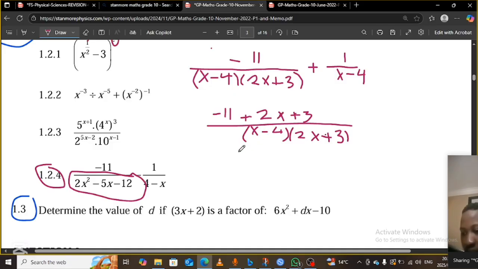What I did, I multiplied it instead of adding it. Yeah, you multiplied. Remember, it's a plus. You were misled by this plus here. So this was supposed to be 2x. And what is negative 11 plus 3? Negative 11 plus 3 is negative 8.